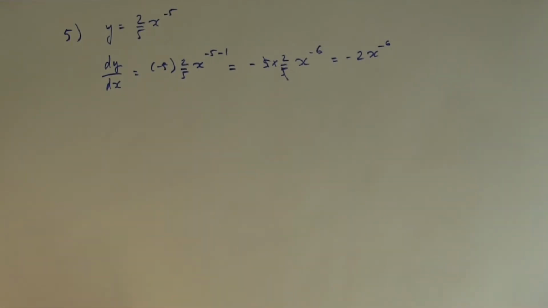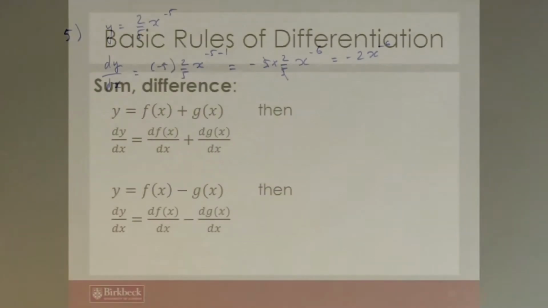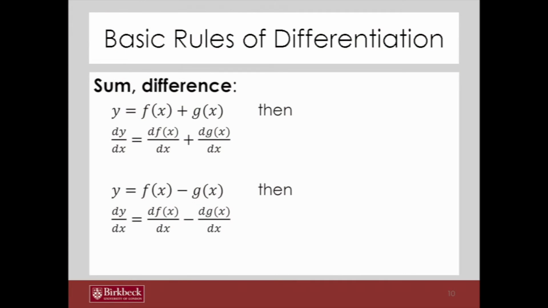Now, there are a couple of more rules that I would like to introduce you to, but they're not necessarily any difficult rules. Basically, what these rules are telling me is if I have got a function that is a sum or a difference of 2 functions, then I can differentiate them term by term.